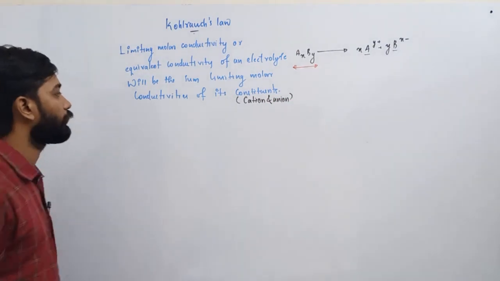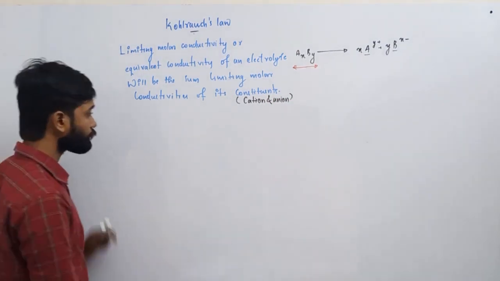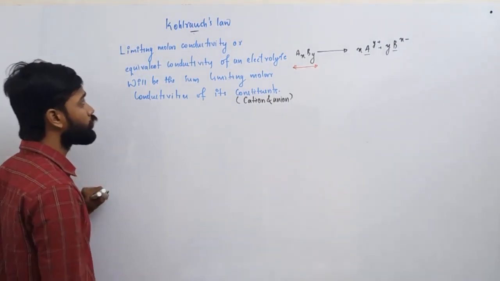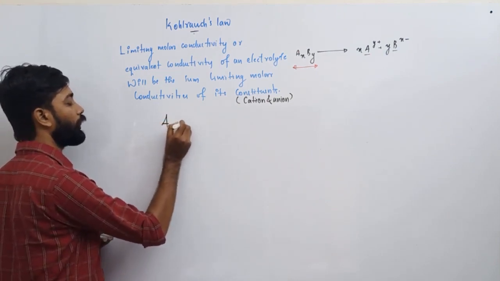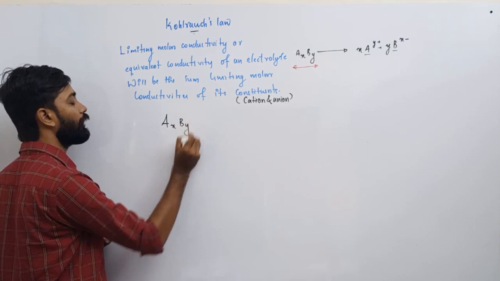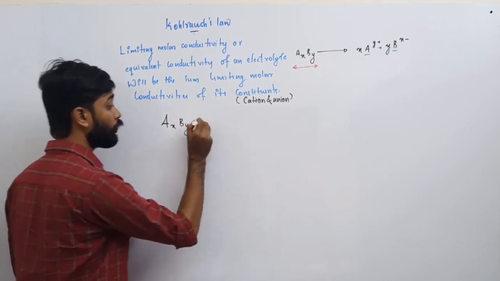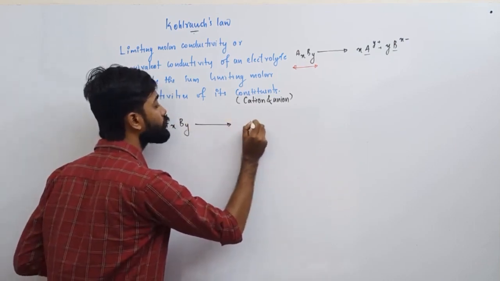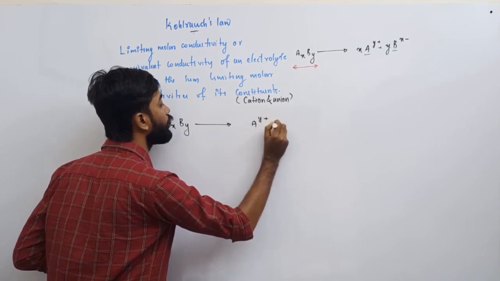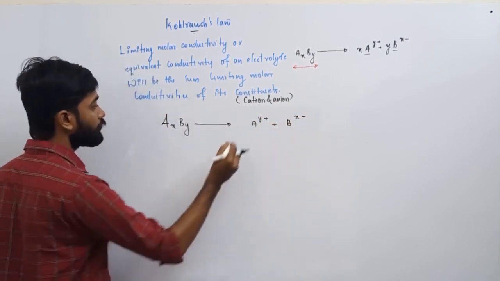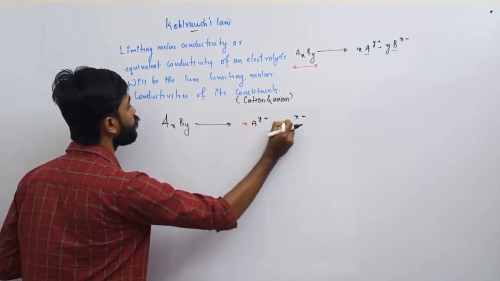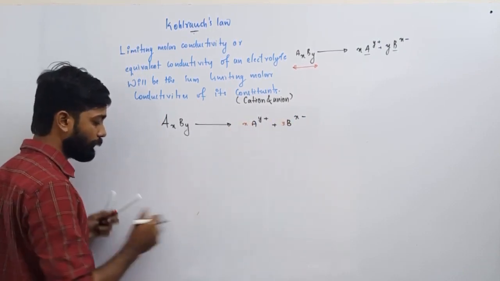Okay, listen here. So, according to Kohlrausch's law, if I have an electrolyte AxBy, we know that it can split to produce A^y+ cation and B^x- anion. Moreover, there will be x A^y+ cations and y B^x- anions.